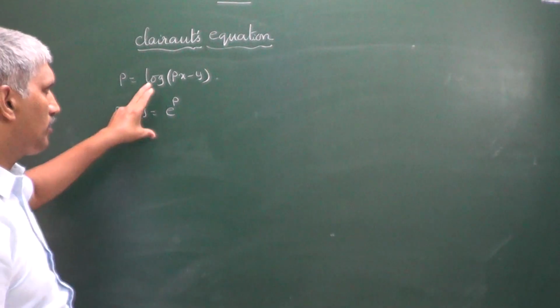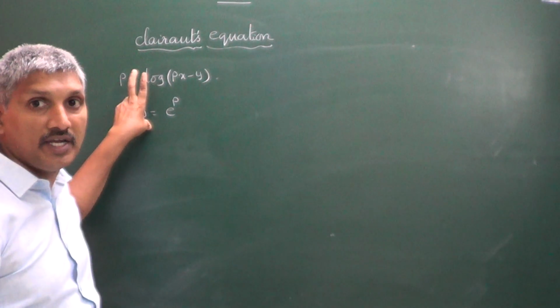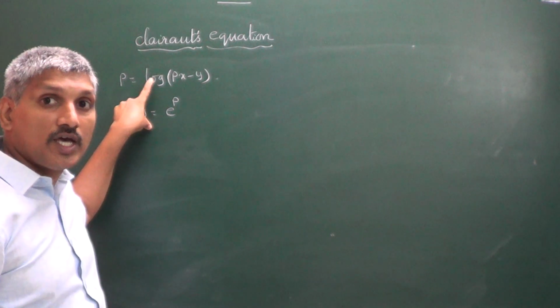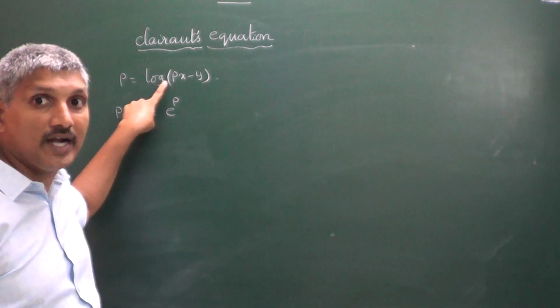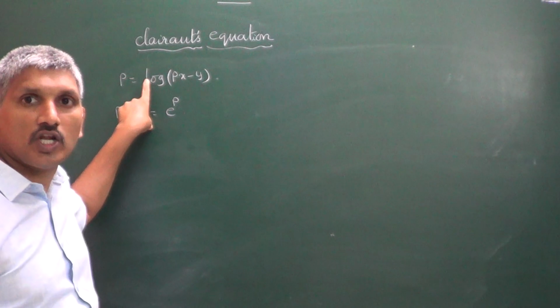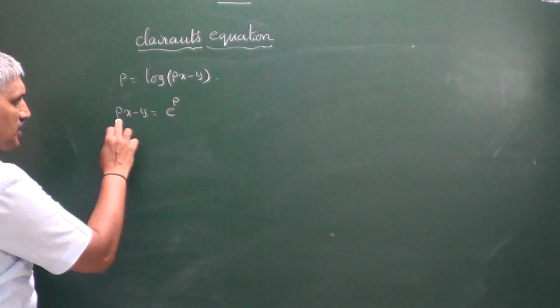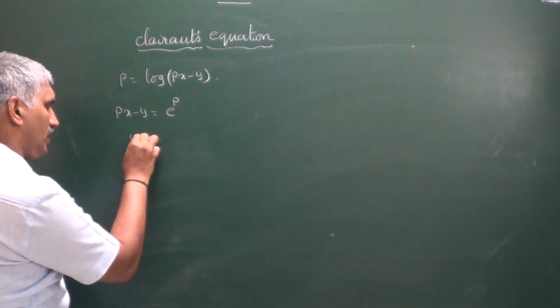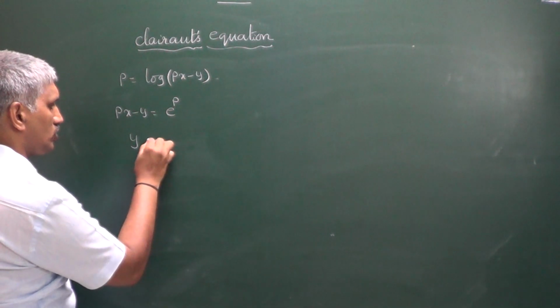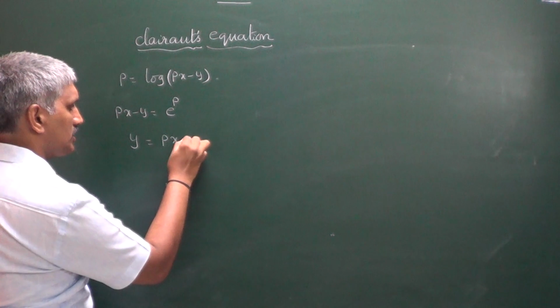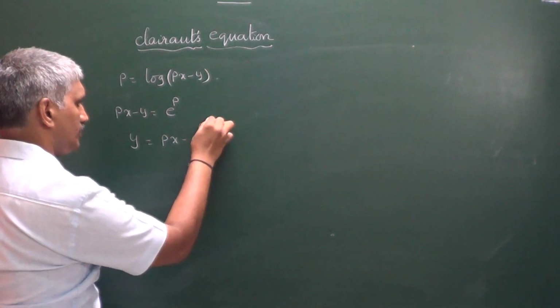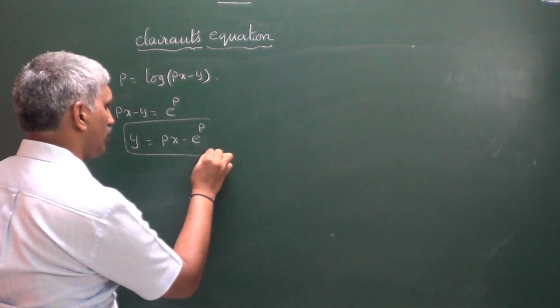As I told you, logarithm in calculus means logarithm with base e, the natural logarithm, ln x. So px − y = e^p. Therefore y = px − e^p. That is the Clairaut's equation we got.